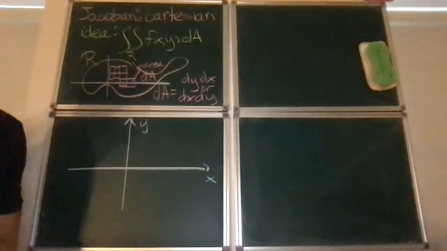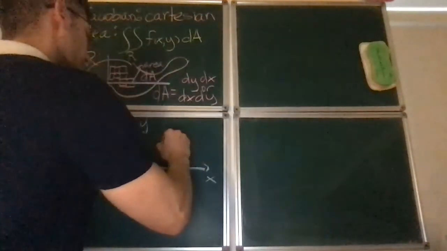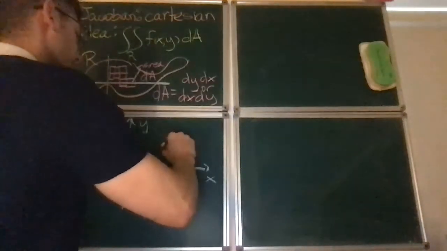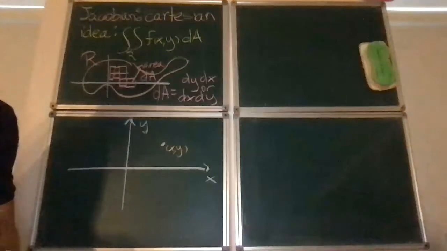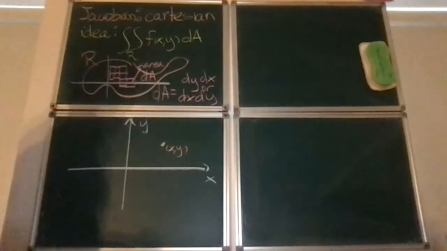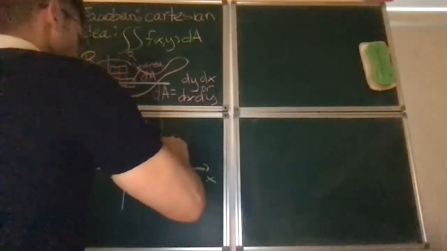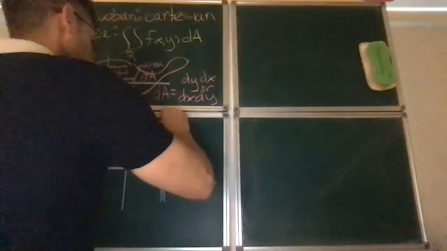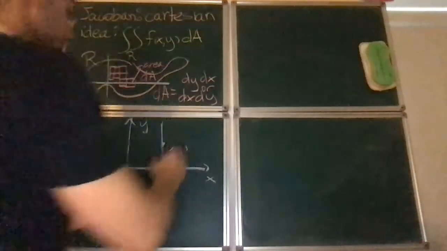Say you have the xy plane, you take a point x comma y here, or more general, it can be anywhere else, and then you can look at a line passing through this point, which is parallel to the y-axis, right?